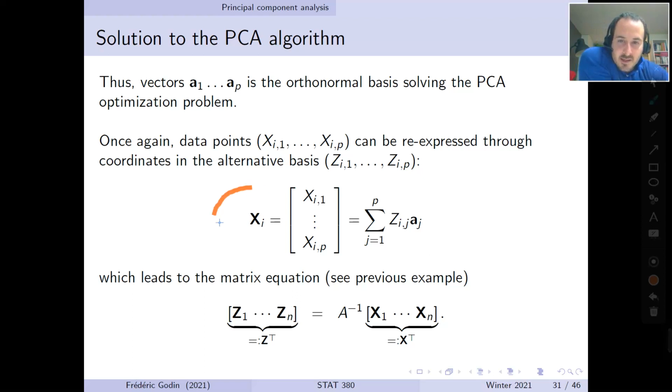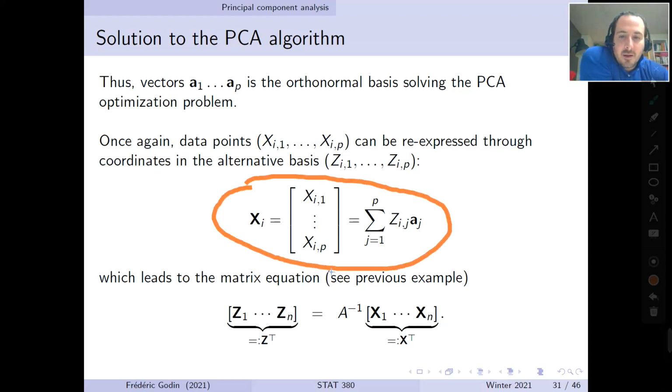Okay, but this system of equations, I won't do it here, but if you stack all these equations, so xi is a column, if you stack all the columns here, you have the following representation, which is that the matrix containing all the xi's, which we denote as X transpose, the design matrix transpose, can be represented as A inverse, recall it's also A transpose, times the matrix Z transpose, which contains as columns each of the vectors Z's.